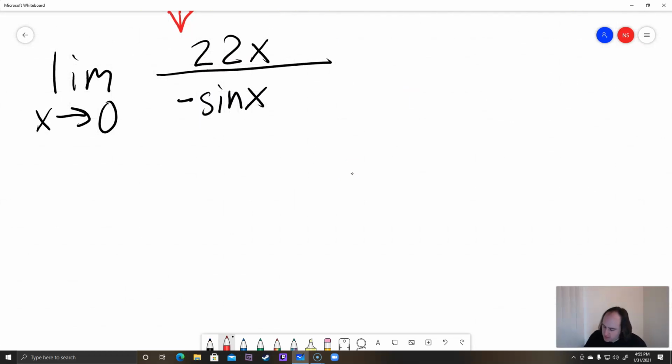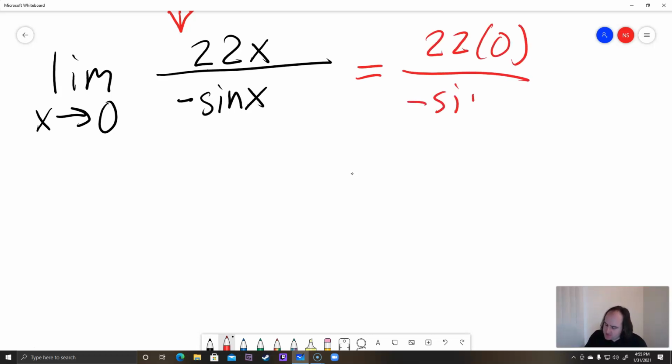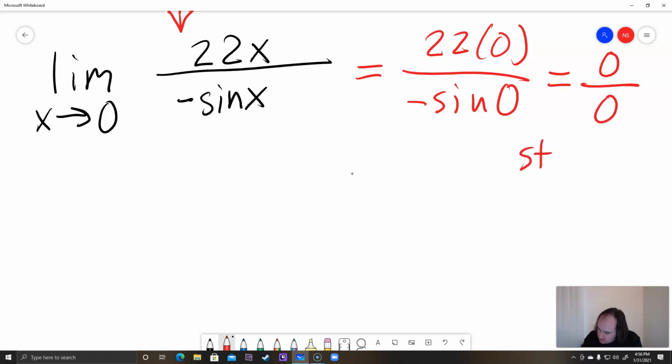So plugging in 0 on the top, we're going to get 22 times 0. And then on the bottom, we have negative sine of 0. Well, on the top we have 0, and on the bottom, sine of 0 is also 0. So this one is 0 over 0, which is still indeterminate.